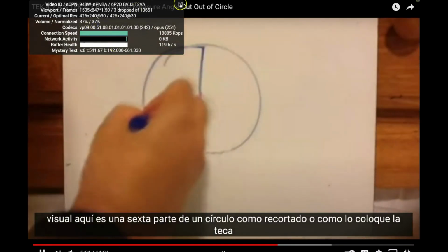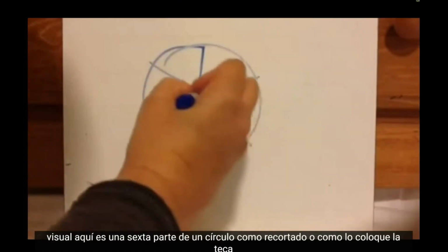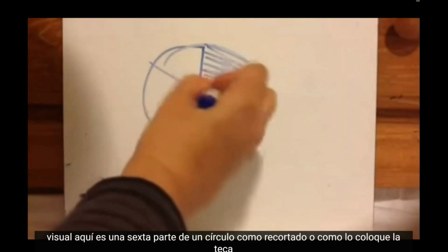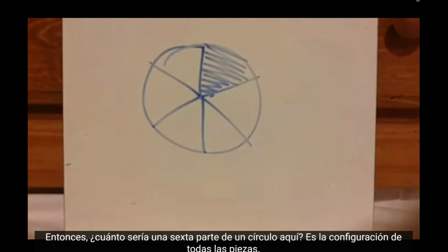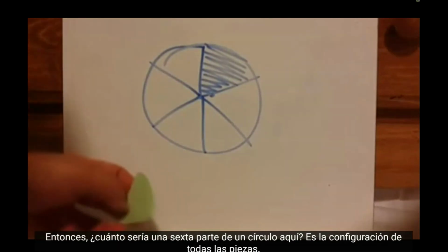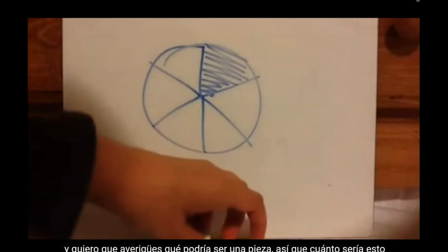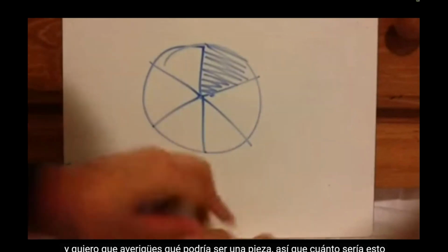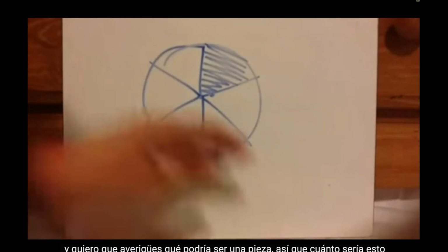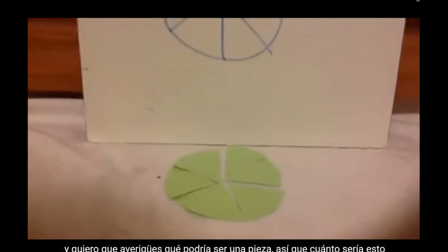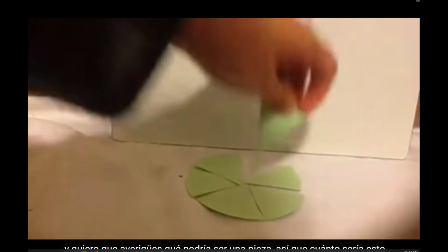Here is 1/6 of a circle, cut out. So how much would 1/6 of a circle be? Here is the setup of all the pieces, and I want you to figure out what one piece could be. So how much would this be?